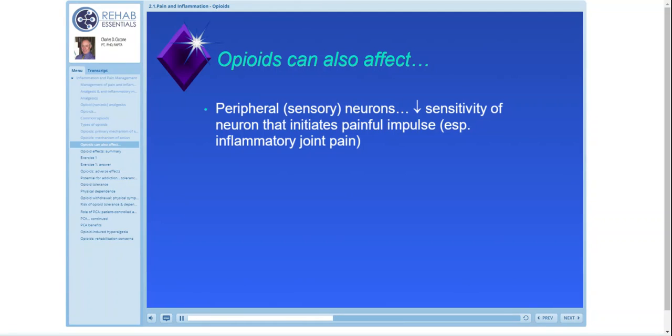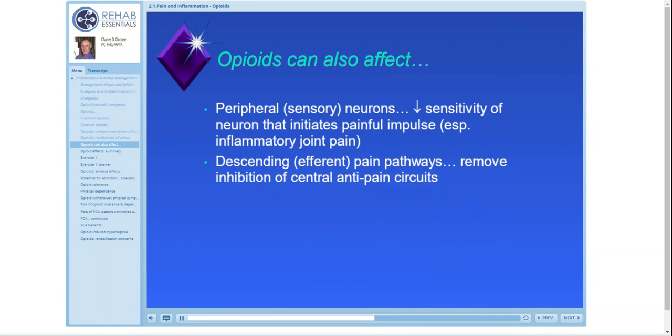But still, it's generated an interest in how we might capitalize on this effect and maybe develop opioids that selectively affect this type of pain in specific patients. More recently, it's also been discovered that opioids may affect outgoing information, descending or efferent pain pathways. We know there are endogenous outgoing pathways that help us control pain.